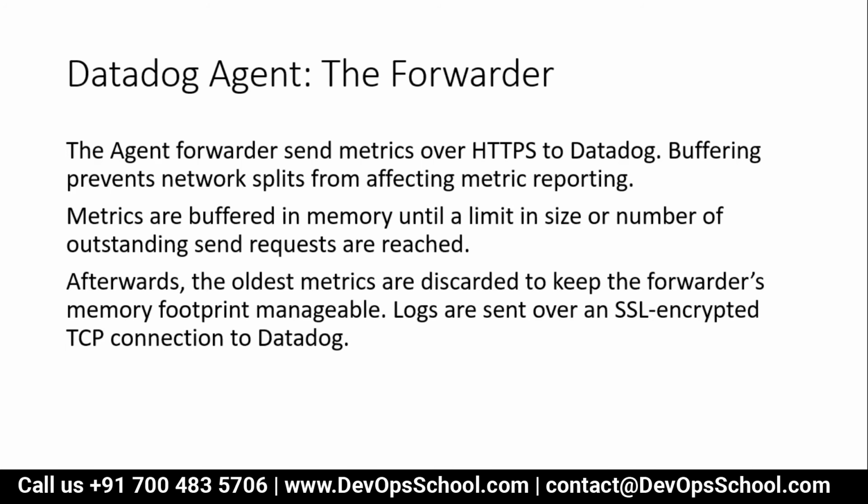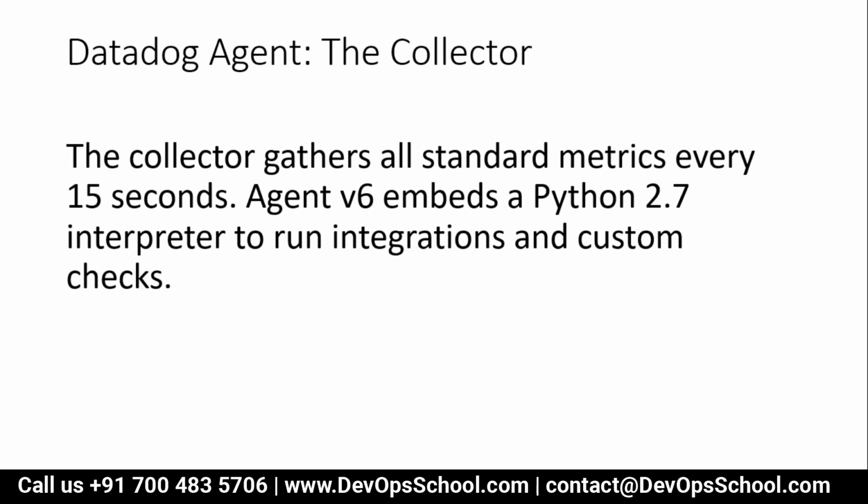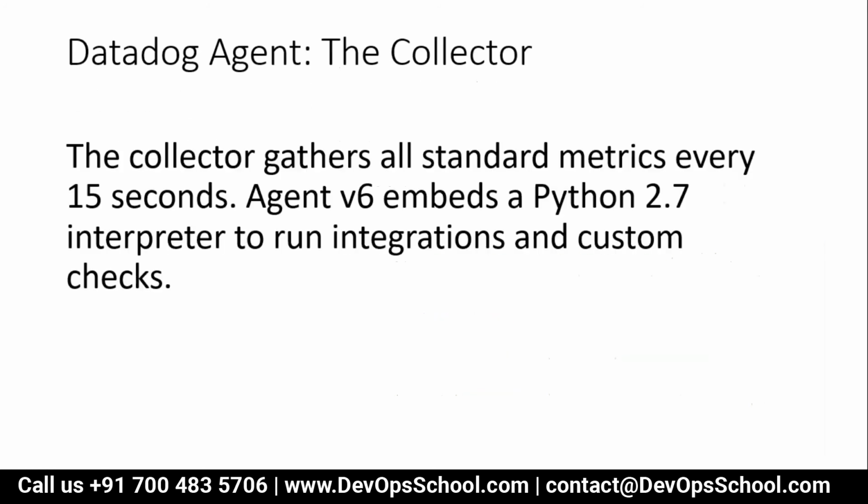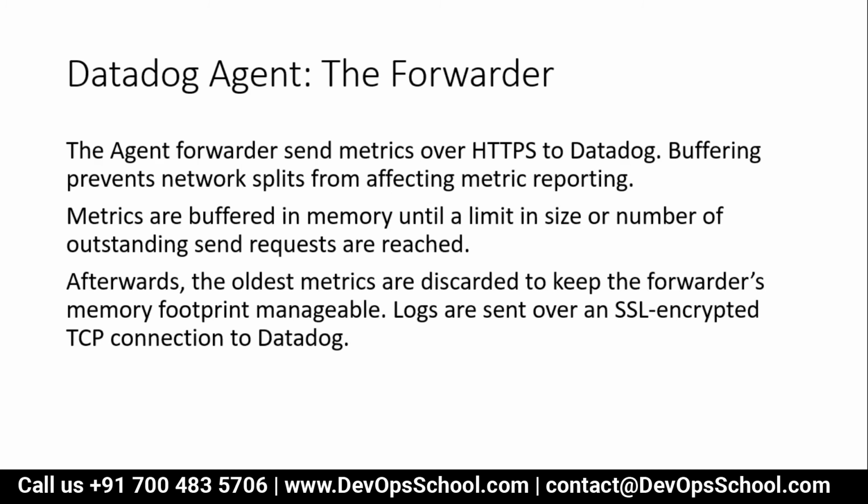Buffering prevents network splits from affecting metrics reporting. Metrics are buffered in memory until a limit in size or number of outstanding send requests is reached. So that's the forwarder. So altogether the Datadog agent has three components: DogStatsD, collector, and forwarder.